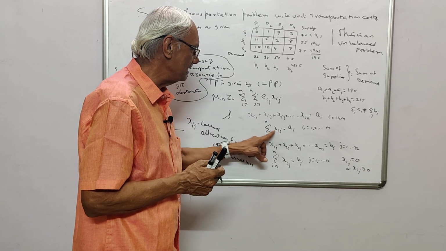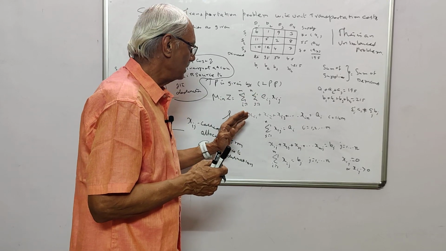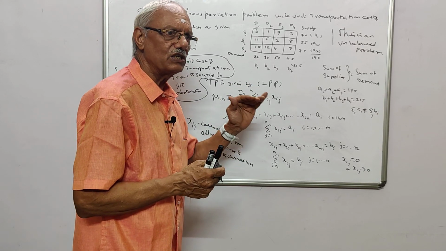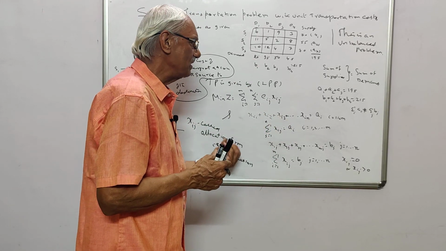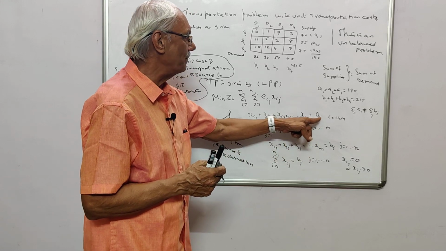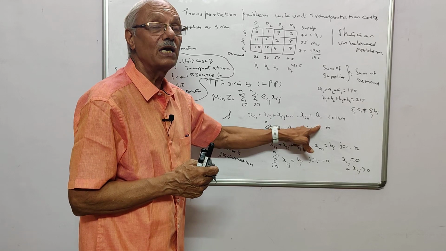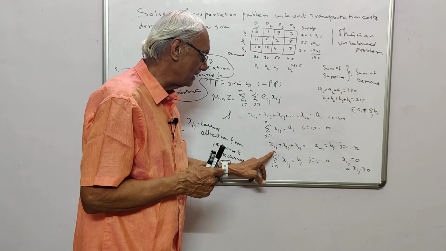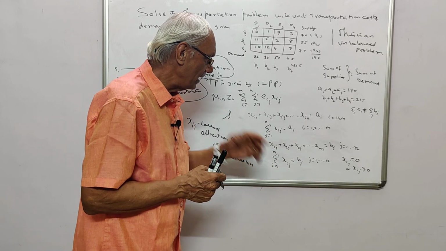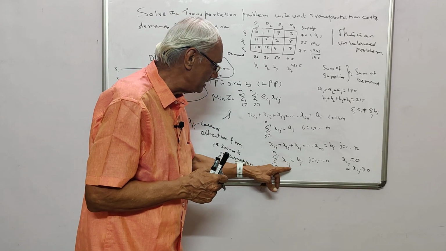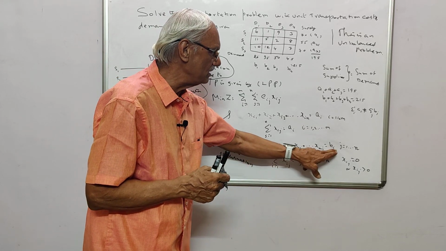The meaning of this is that from the ith source you can send materials to the destinations 1 or 2 or 3 or 4 up to n, but the sum of the supplies cannot exceed the capacity at that source Ai, at the source Si. And likewise another condition is that the sum over i equal to 1 to m of Xij is equal to Bj, and this means that X1j plus X2j plus X3j up to Xmj is equal to Bj.